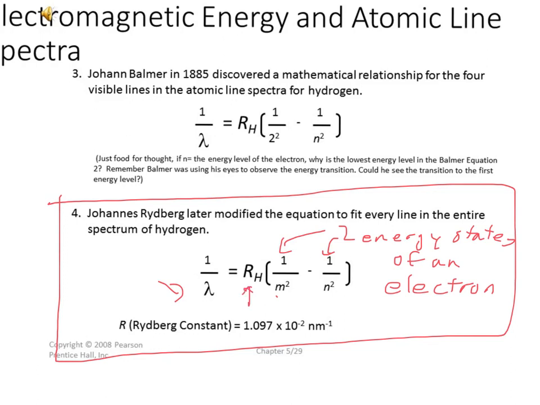This constant, known as the Rydberg constant, also handles something else that was one of Balmer's experimental observations.